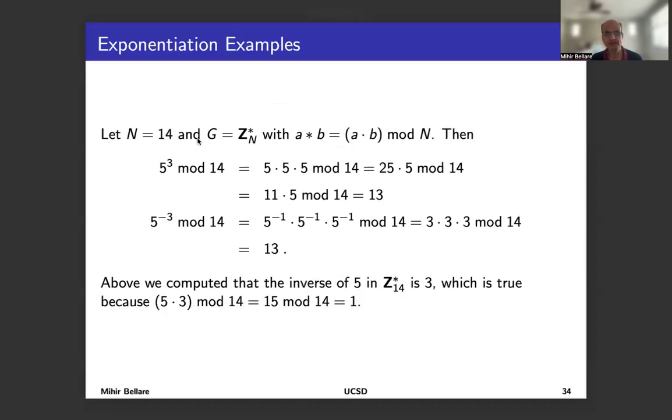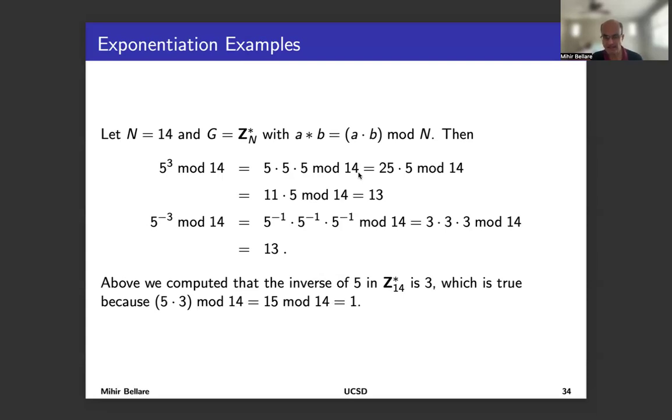Suppose n was 14 and we look at the multiplicative group Zn star. And we remember the operation is multiplication mod n. If I want to raise 5, which is an element of Zn star, to the power 3 modulo 14, meaning in this group, by definition, I'm multiplying 5 by itself 3 times and taking the result mod 14.